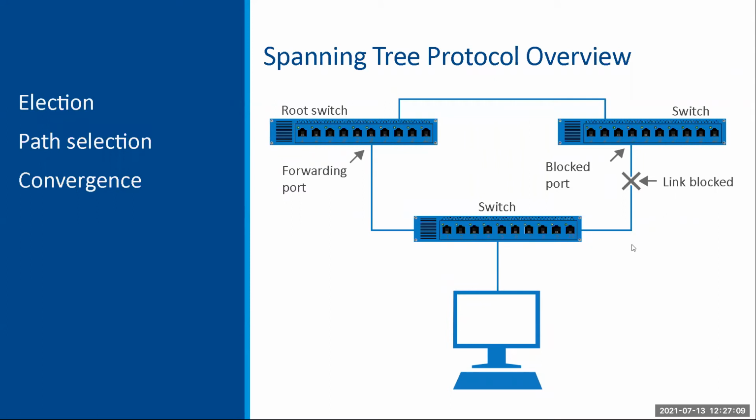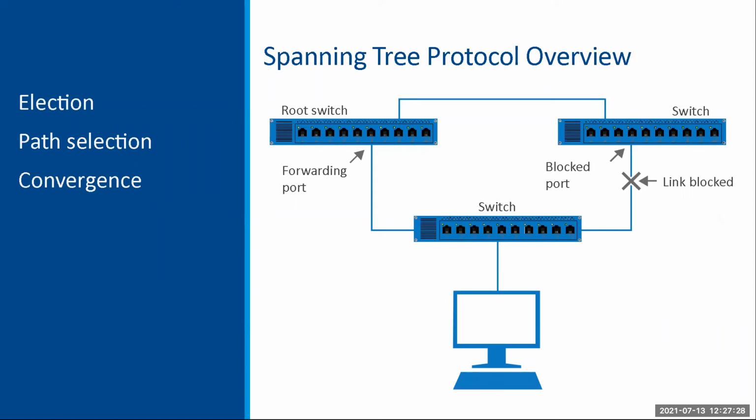And by the way, if you have a spanning tree problem or you did not set this up correctly and your spanning tree did not work, then you can bring the entire network down with this looping functionality.